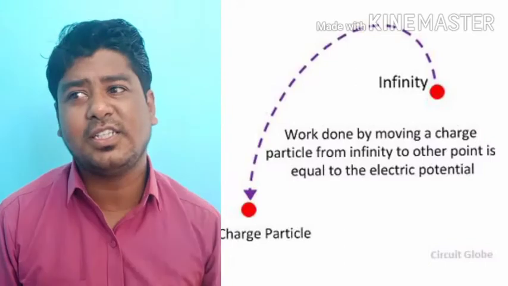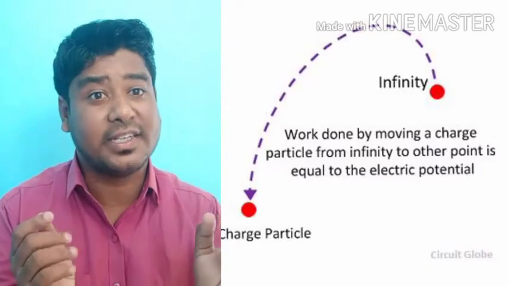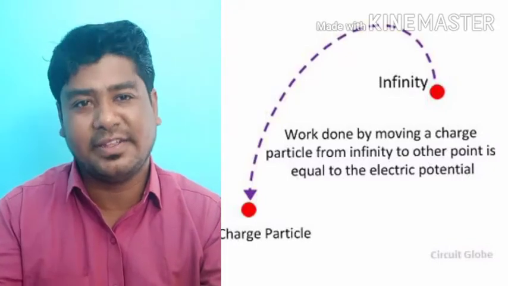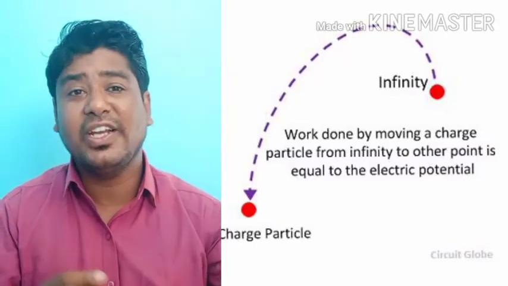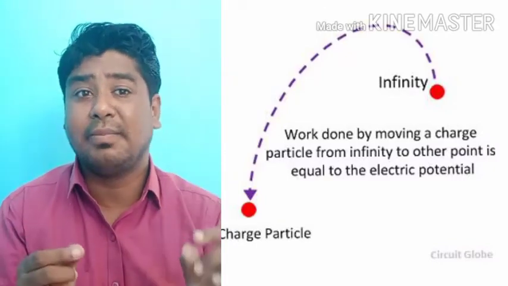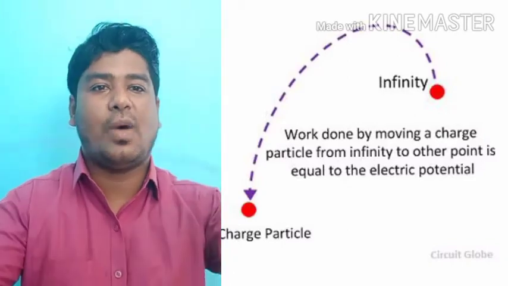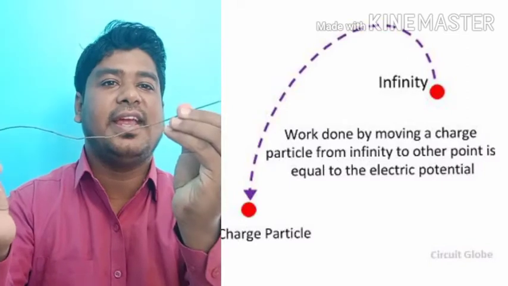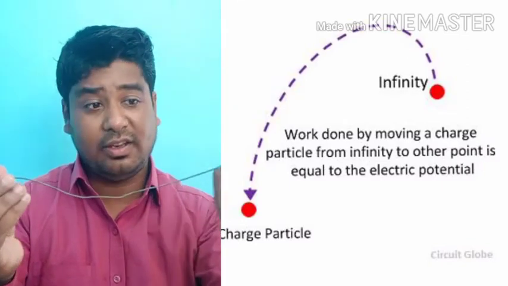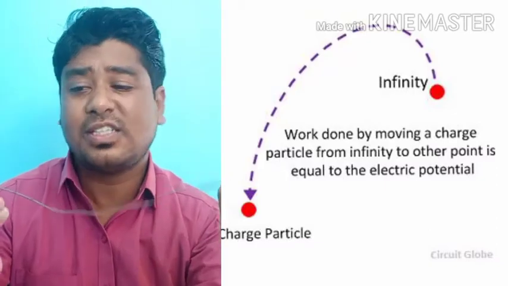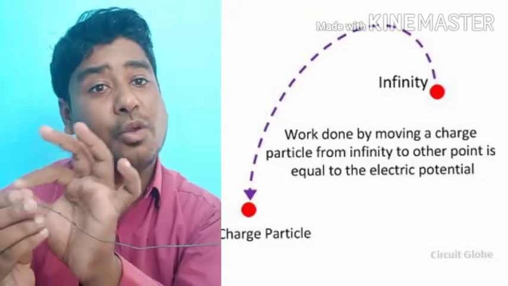We define potential difference as the work done to move a unit charge from one point to the other point. It might be from infinity to a particular point, or from point A to point B, as I showed you. In this wire, if this is A and this is B, here there are charges, and we have to move this charge from point A to point B.